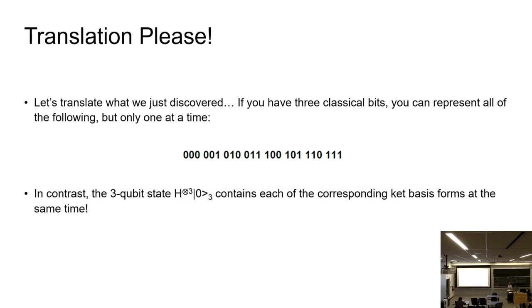But what's cool is that the 3-qubit state, the 3-tensor Hadamard gate applied to my 3-qubit state, everything initialized to 0, contains each of the corresponding Ket basis forms at the same time. So it's a balanced superposition of all 8 possible permutations. So we can write it in base 10 notation as follows.